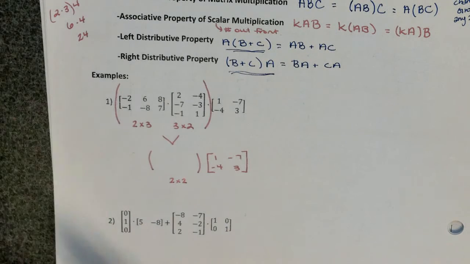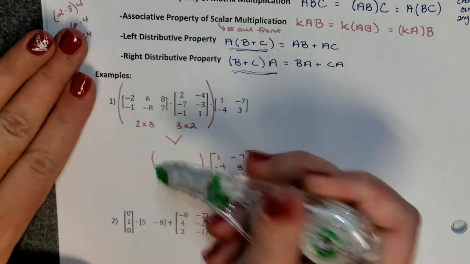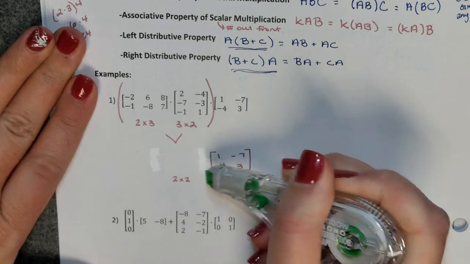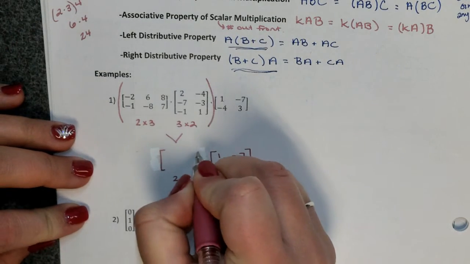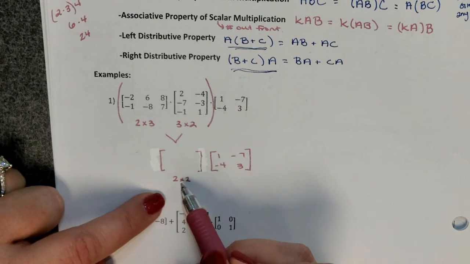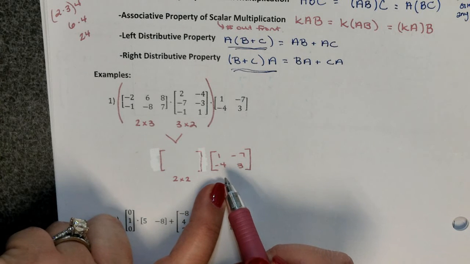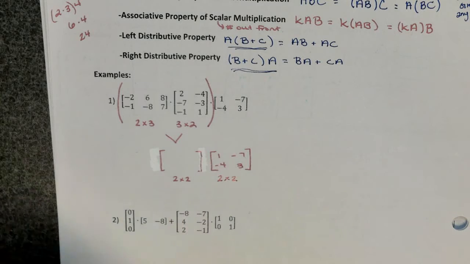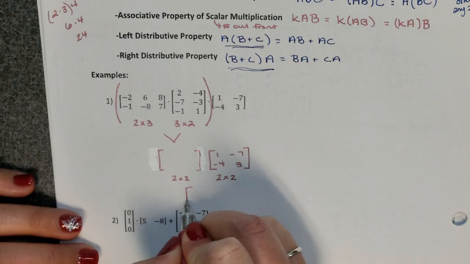And actually, I might as well write these as brackets, not parentheses, because I won't need parentheses there anymore. Okay, so once I get this answer and it's a 2 by 2 times this next matrix, what are its dimensions? It's a 2 by 2. Can I multiply a 2 by 2 times a 2 by 2? What's my final answer going to be?